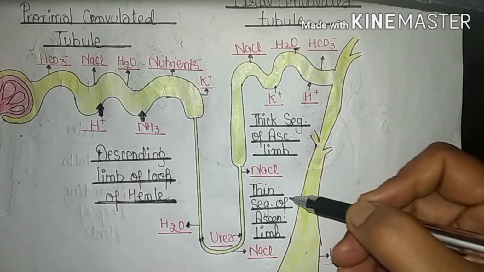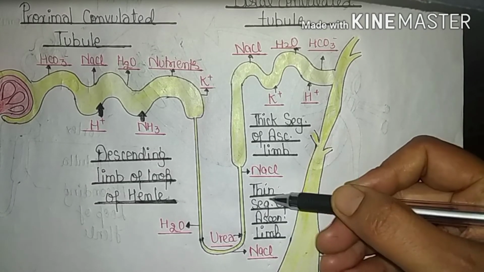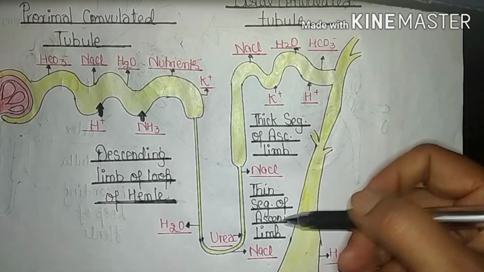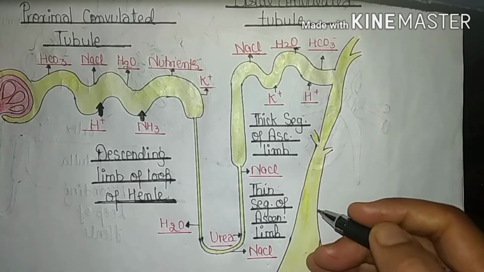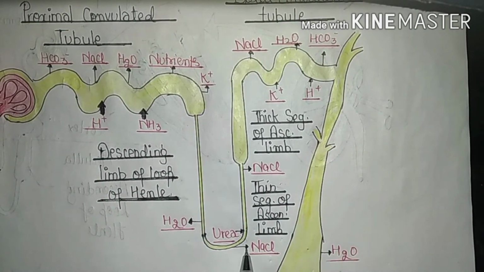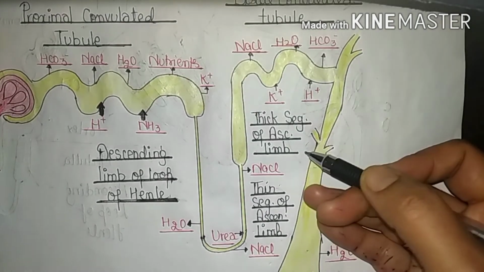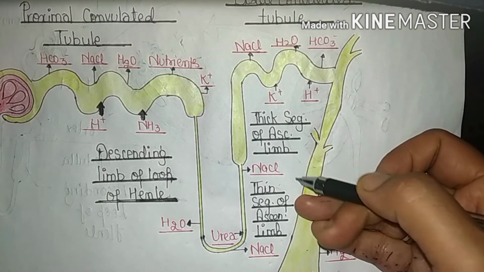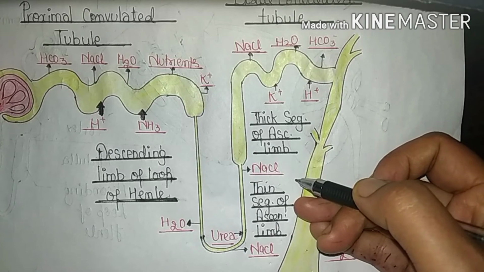Next is the thin segment of the ascending limb, which is impermeable to water. It reabsorbs sodium chloride.